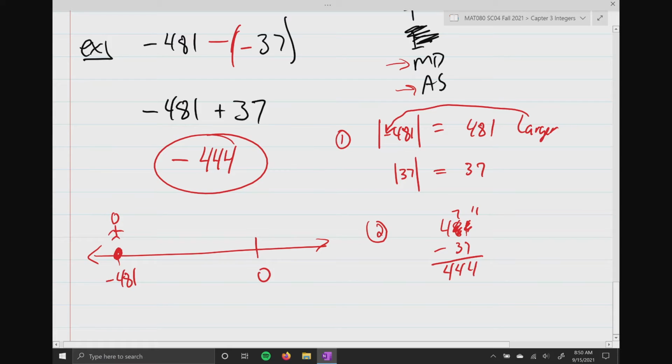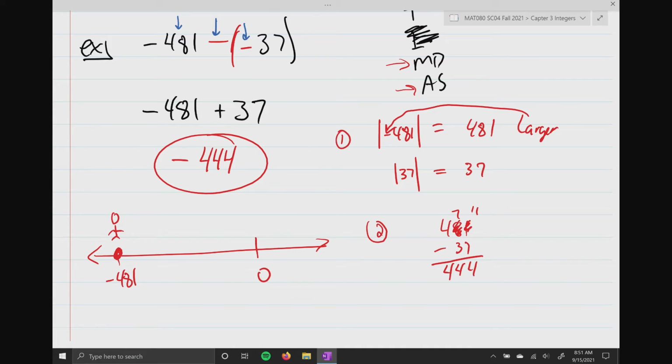If I read this problem from left to right, watch what this tells me to do. It says, start off at negative 481. Boom. Then it's telling me, move to the left. But then this negative sign says move to the opposite side. Because remember, at the beginning of class, I said we need to think about the negative as an opposite, correct? So if I'm starting at negative 481, and that first negative sign is telling me go to the left, well, the second negative sign is telling me to reverse my direction.